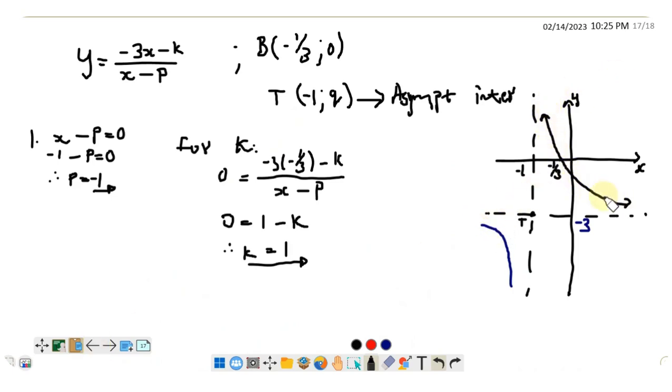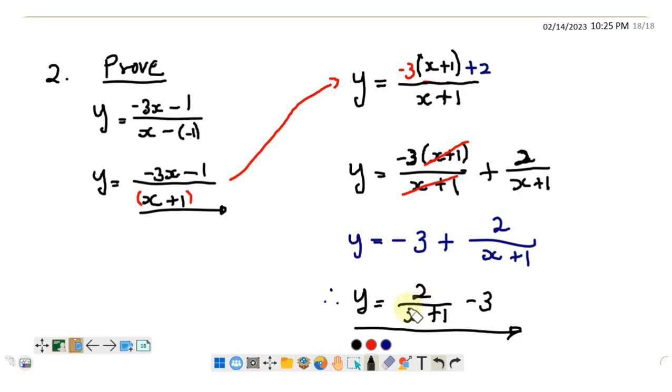They used the first quadrant and the third quadrant, so we are correct, a is positive. Now, q was -3, which means the asymptote is on the negative side, and the y values are negative here. So q is -3 is correct. We have proven that formula.